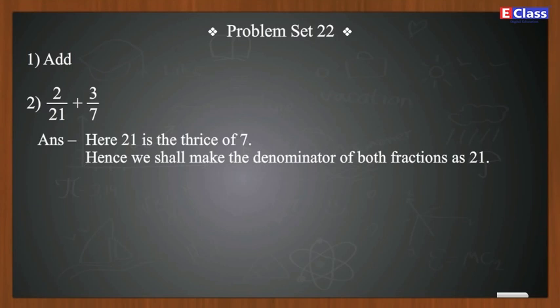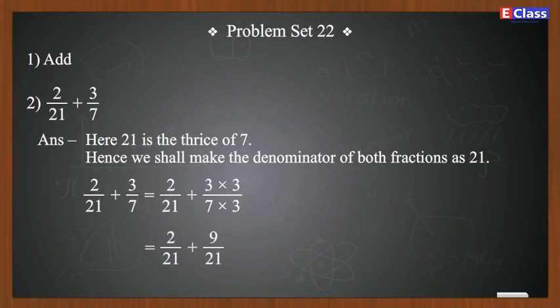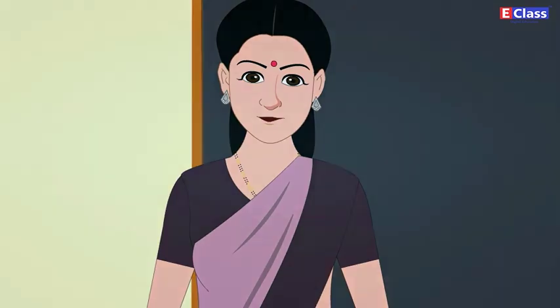Hence, we shall make the denominator of both fractions as 21. 2/21 plus 3/7 is equal to 2/21 plus (3 multiplied by 3)/(7 multiplied by 3), which is equal to 2/21 plus 9/21, which is equal to (2 plus 9)/21, which is equal to 11/21. Here, I have solved 2 sub-questions of the first question. Now, you have to solve the remaining sub-questions.